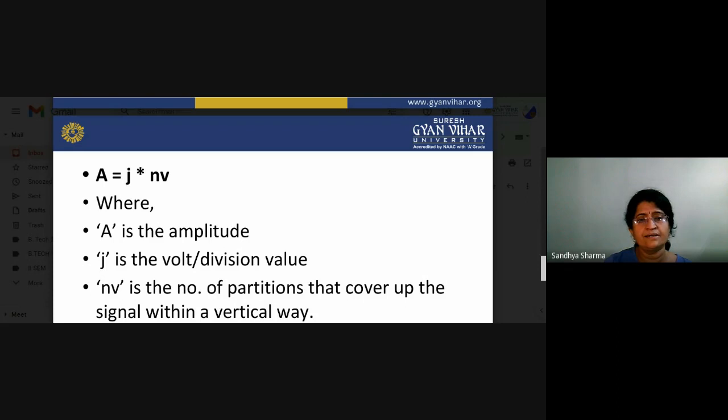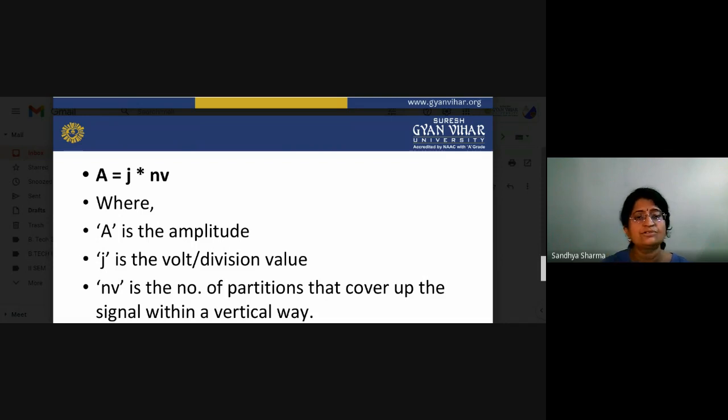So we will acquire the signal's amplitude on the CRO screen with the help of a formula. So how can you calculate the amplitude? Suppose the total amplitude A is equal to J into NV. J is the volts per division. First of all, you have to see what the volts per division setting is, and NV is the number of partitions that cover the signal.